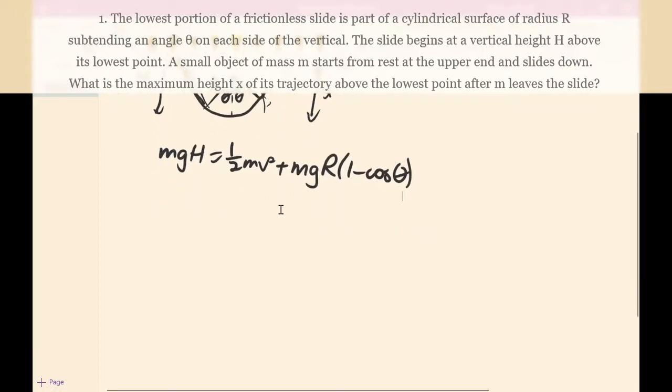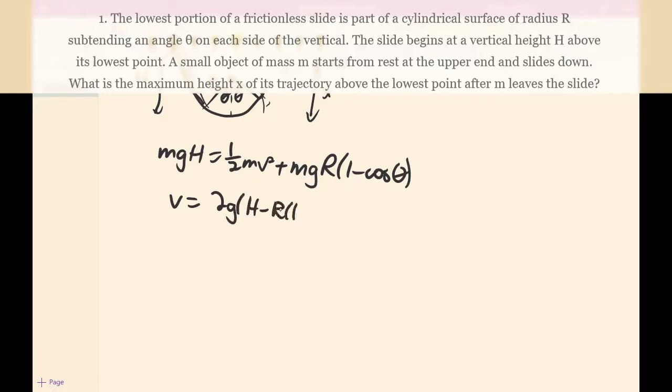So now we can easily solve for v. This means that v is equal to the square root of 2g times h minus r, 1 minus cosine theta.